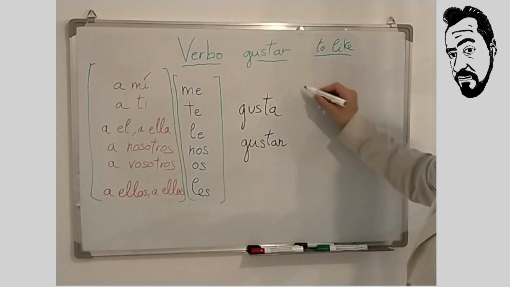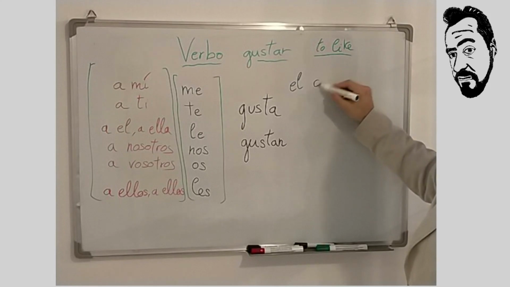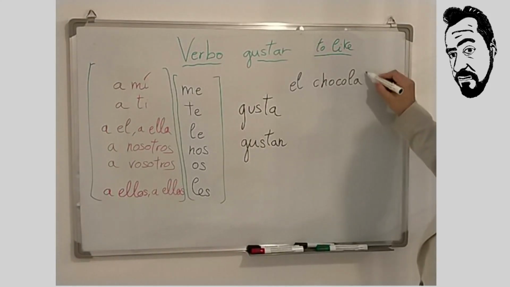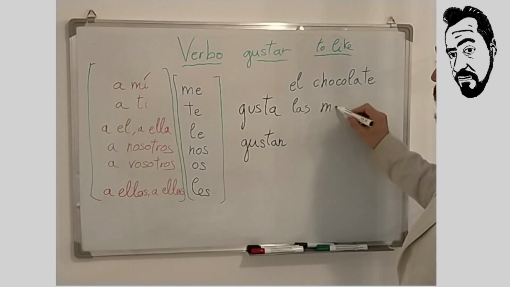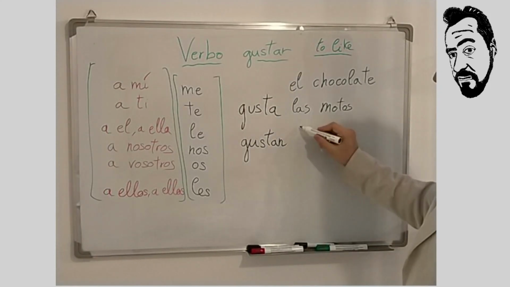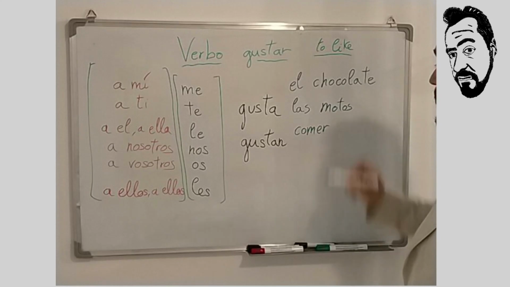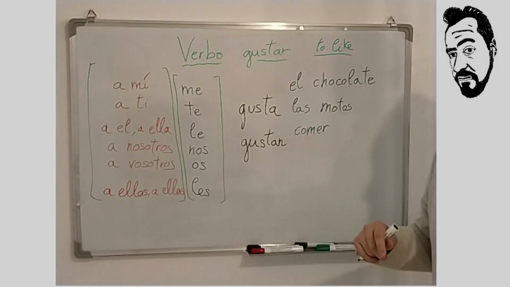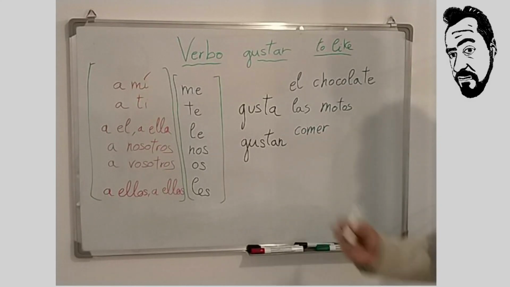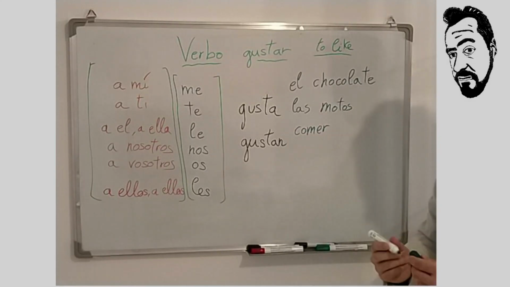So for example, el chocolate, las motos, comer, etc. You can use nouns or even verbs in the infinitive. Okay, remember.